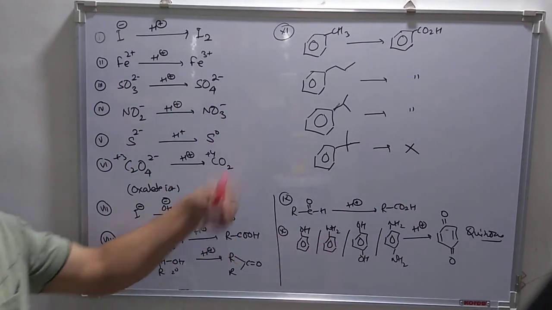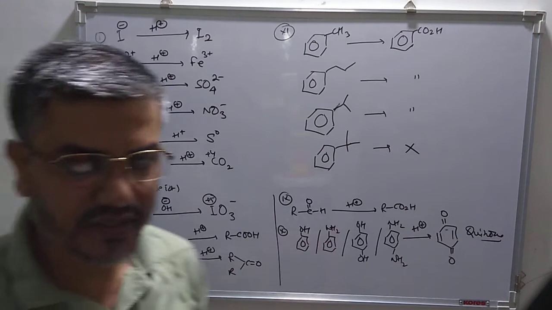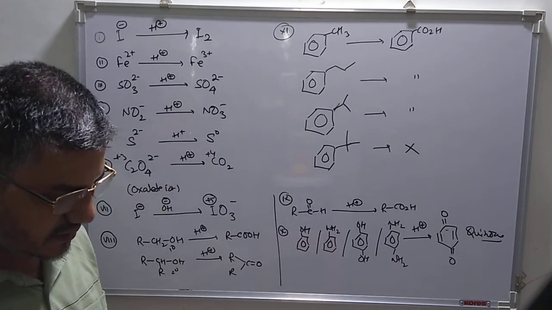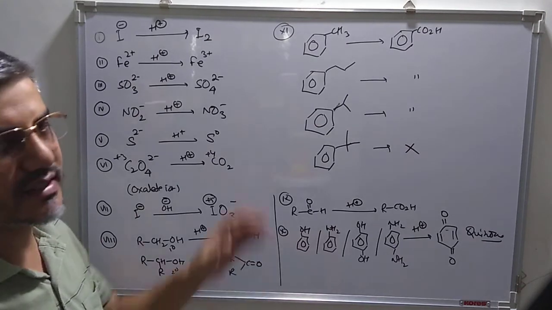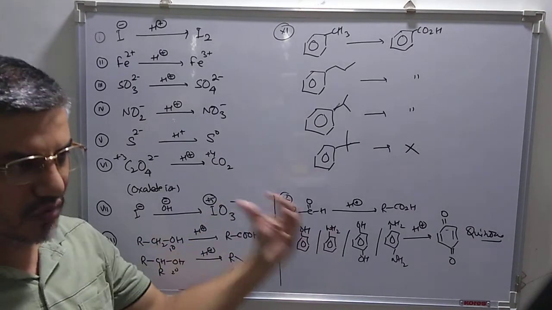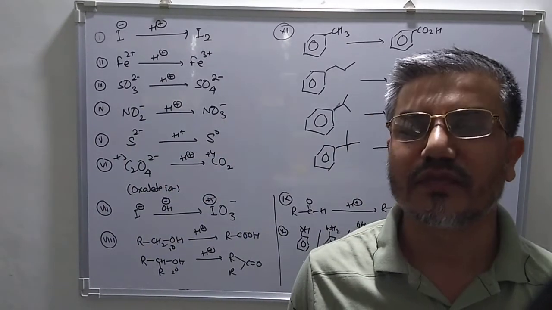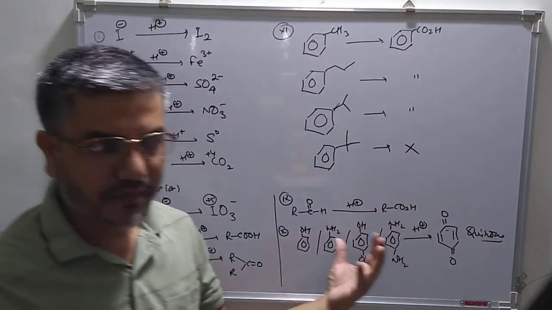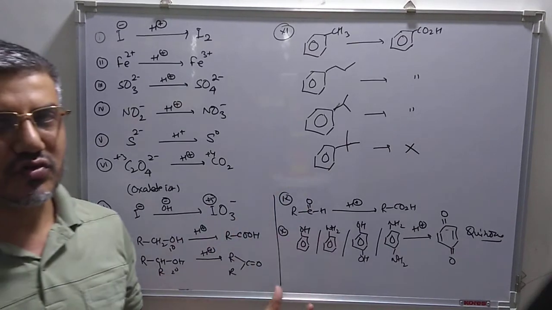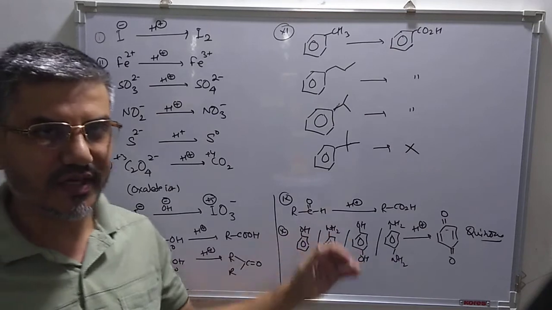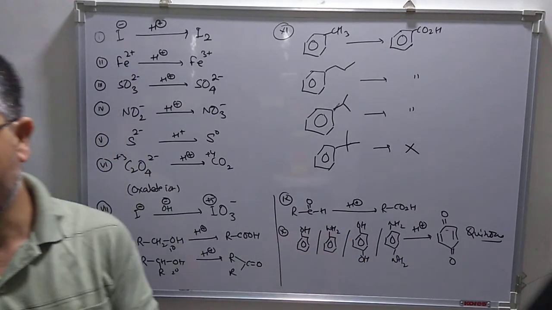So any side chain attached to benzene is also oxidized. So this is as an oxidizing agent. These oxoanions, dichromate, chromate, and potassium permanganate, are very strong oxidizing agents which find application in organic as well as inorganic reactions.